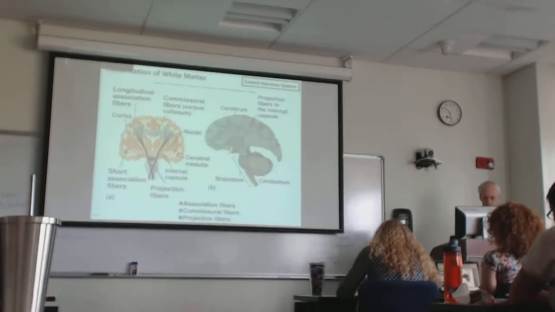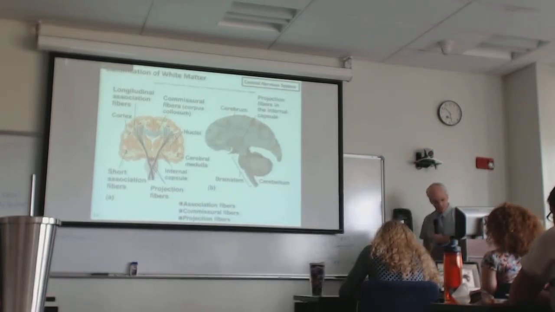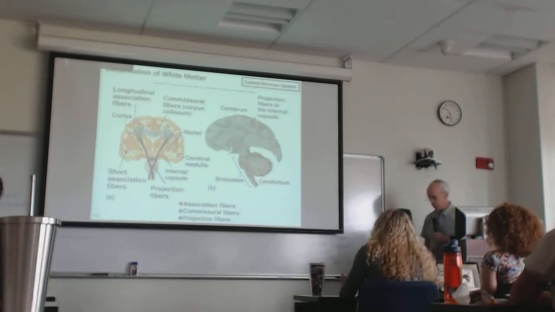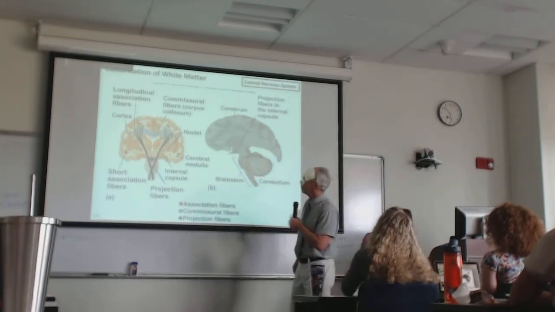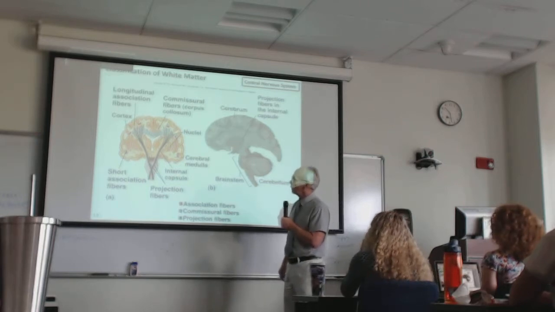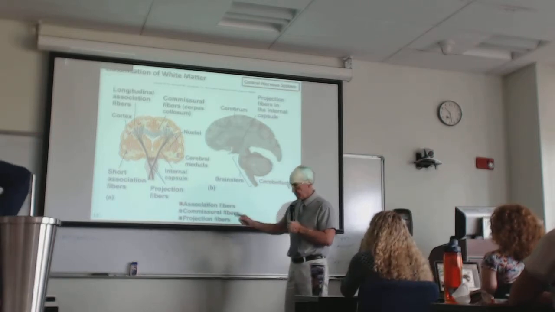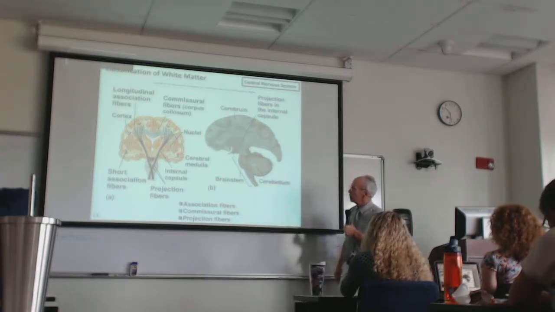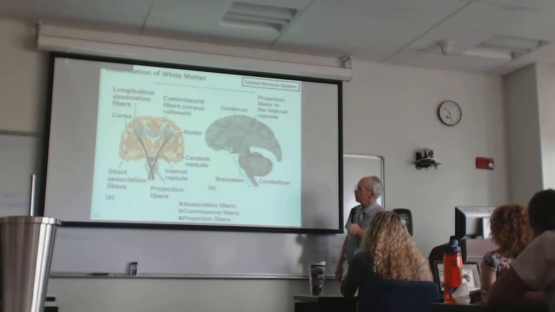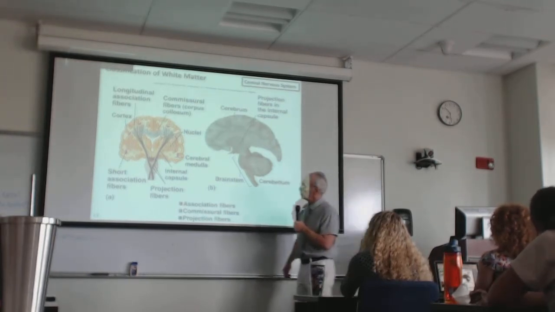So we've been talking about these projection neurons and the way that they send their efferents, their axons, to other regions of the brain. Let's talk a little bit about the organization of these wiring systems, the organization of the white matter and the cerebrum. And there are three general categories, three general types of classes of white matter pathway in the brain, and they're fairly logical.